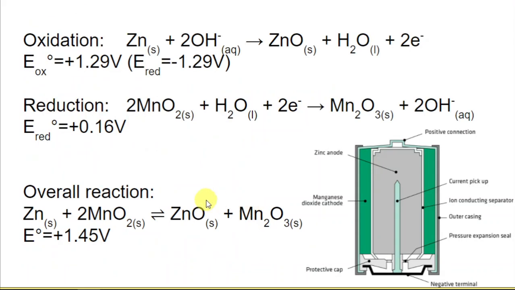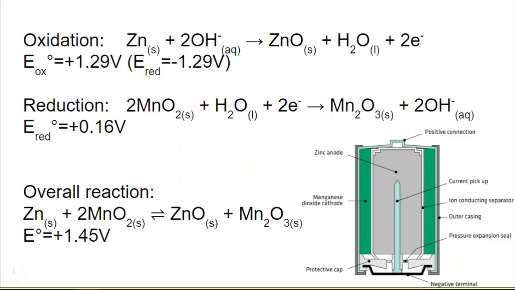The oxidation half reaction right here, the zinc reacts with 2 hydroxides to form zinc oxide and water. And the oxidation potential is positive 1.29 volts. But usually you'll see it in another form, which is that the reduction half potential is negative 1.29 volts.